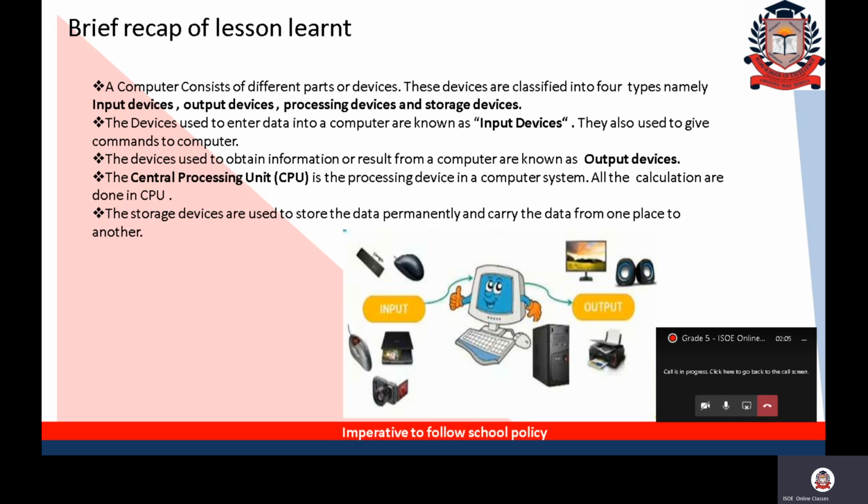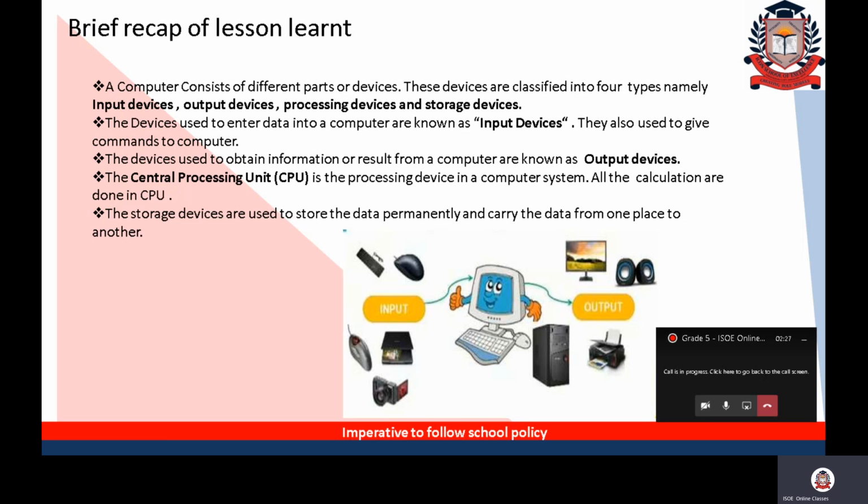The devices used to enter data into the computer are known as input devices. You can see these are all input devices. You all remember, right? Mouse, scanner, web camera, trackball, keyboard, all these are input devices. They are also used to give commands to the computer.